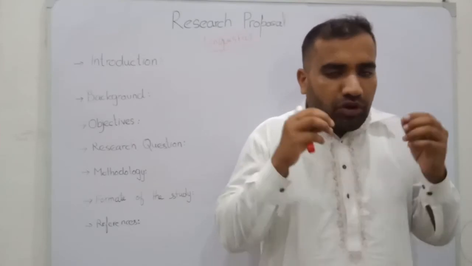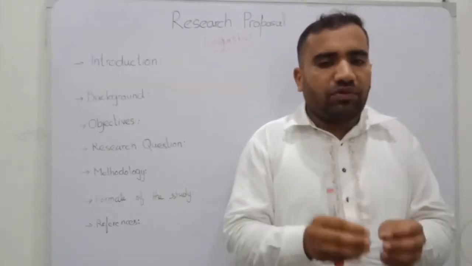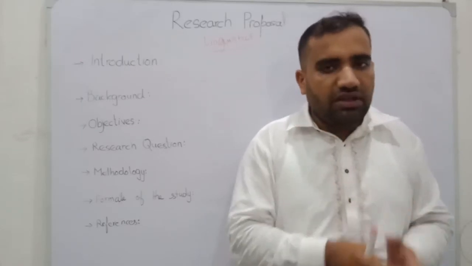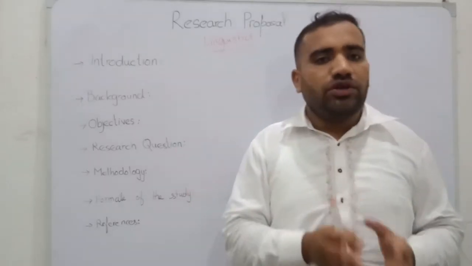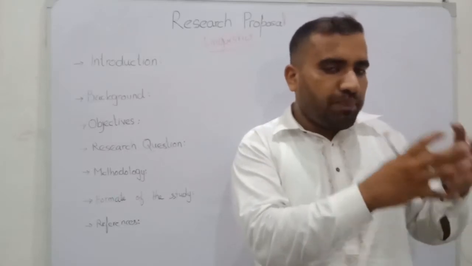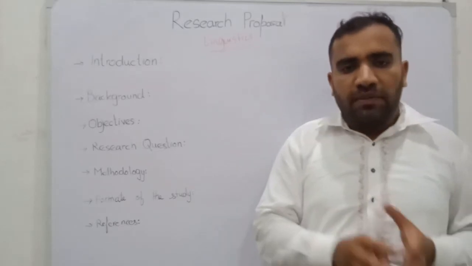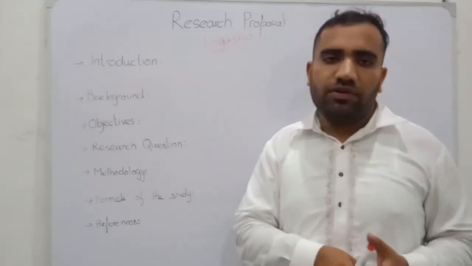And chronologically, you have to describe all the models and all the theories in the background, and then you have to focus on that particular theory on which you are working. This is actually your background.